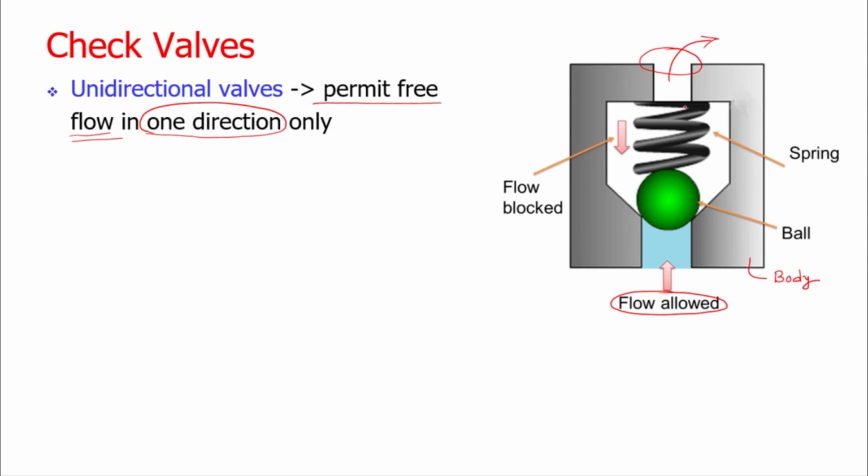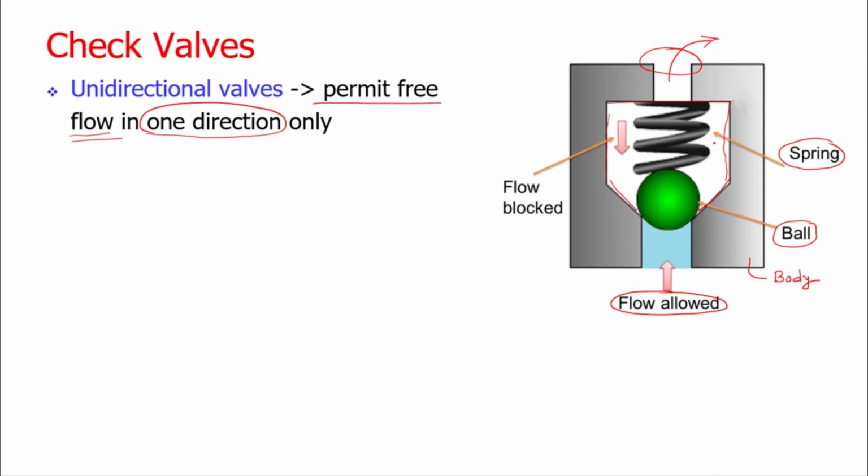Inside the valve, a space has been created, machined or casted, to have the construction elements of the valve. The basic construction element of a check valve is a spring. It is a spring loaded ball valve. So we are using a ball to control the direction of the fluid inside the valve.